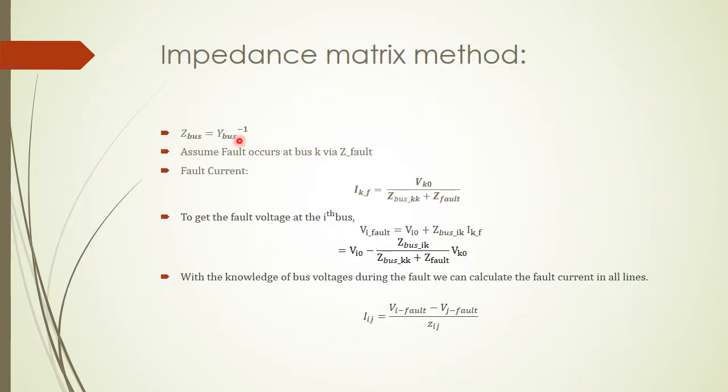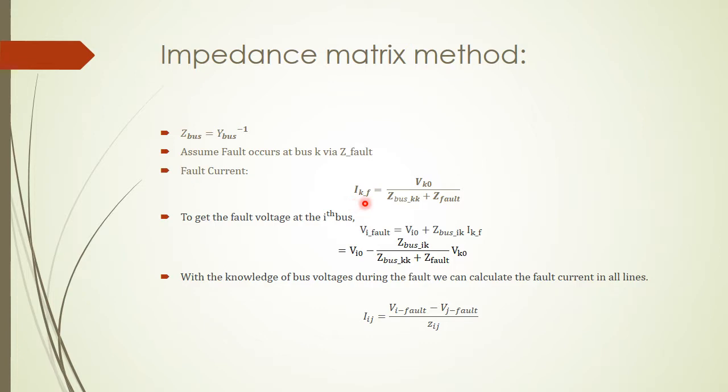So after obtaining the admittance matrix Y-bus, the impedance matrix Z-bus is simply the inverse of the Y-bus matrix. When the fault occurs at bus K via Z fault, the fault current is given by this formula.